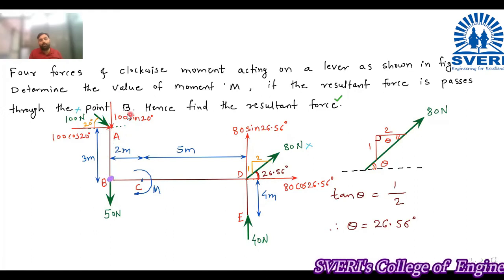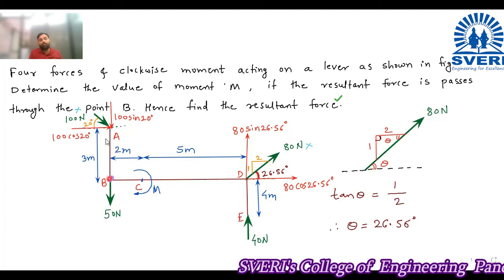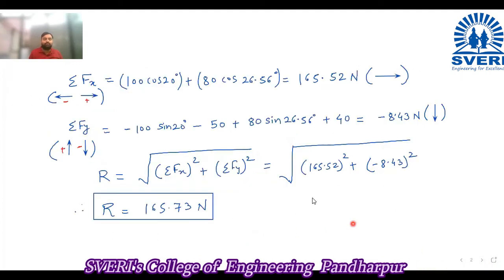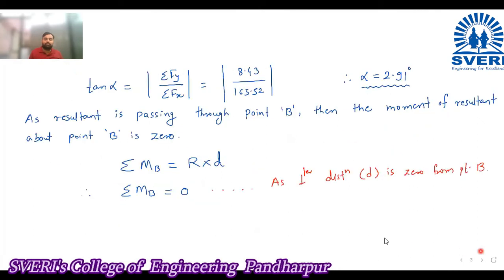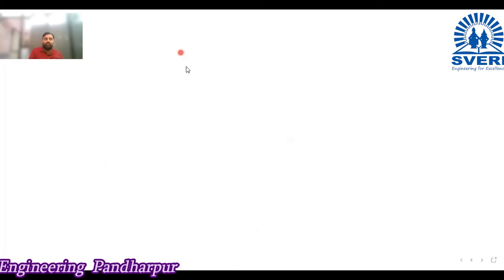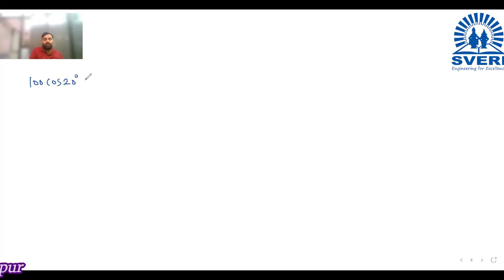Because we are taking the moment at point B, it is at a distance of 3 meter. So its moment will be 100 cos 20 into 3.